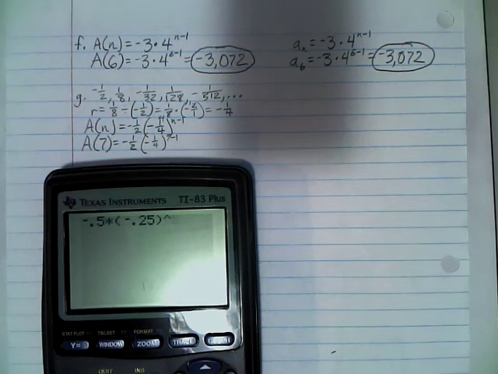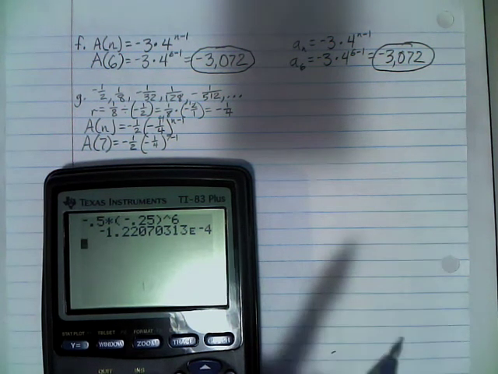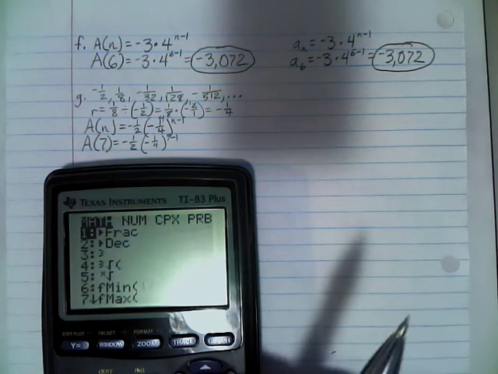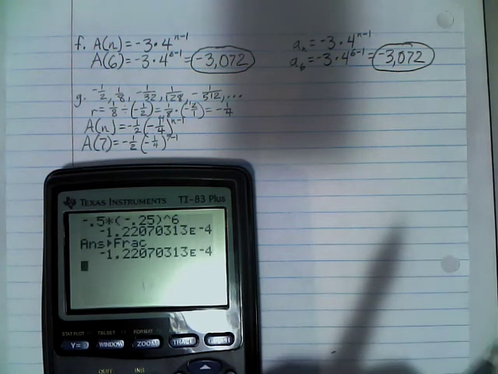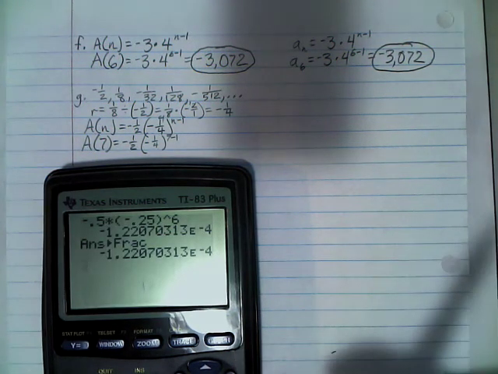And then we raise that to 7 minus 1, which would be the 6th power. So that's pretty tiny. It's too tiny. It won't let me change it to a fraction.